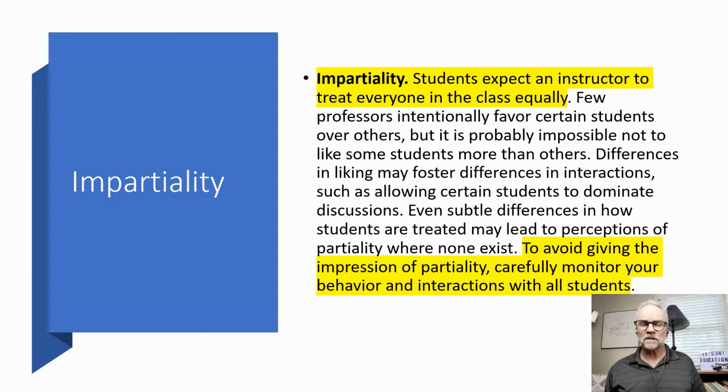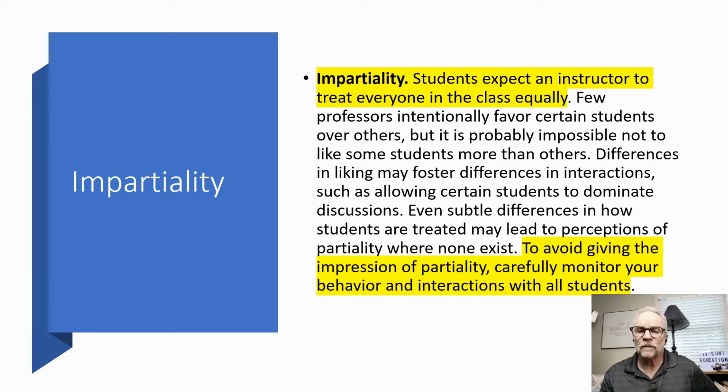And so it's sometimes more difficult to not gravitate or give more attention to certain students than others, but you really have to guard against that because it affects the way students learn. Sometimes a student will care more about their relationship with you in the classroom than they do the subject or even their grade. And so that's really, really important.